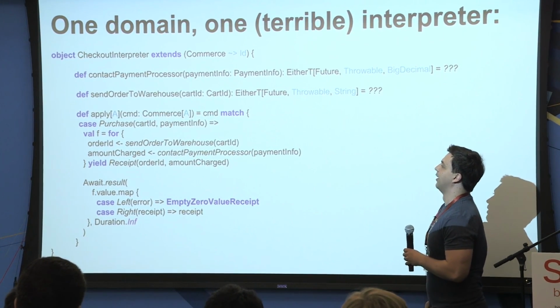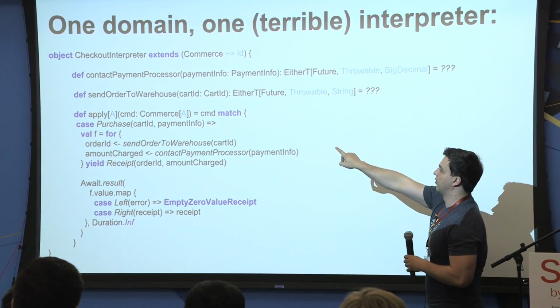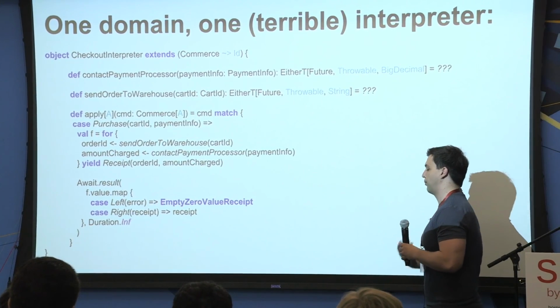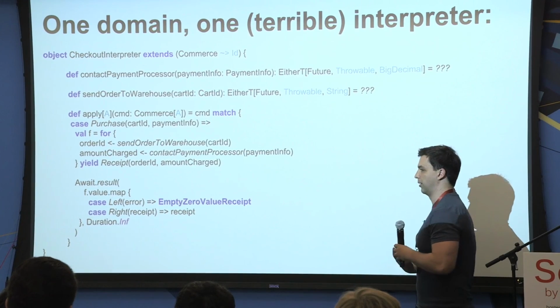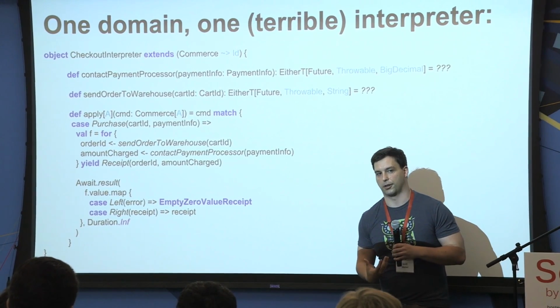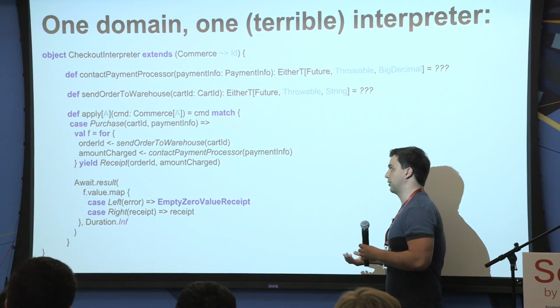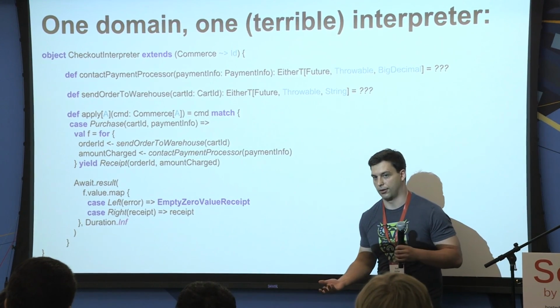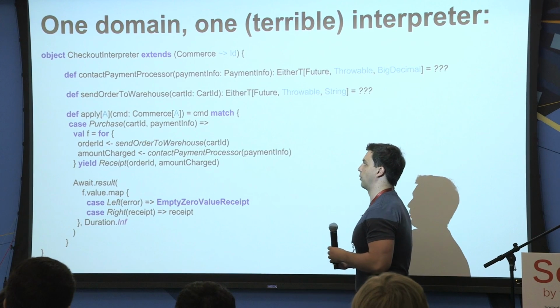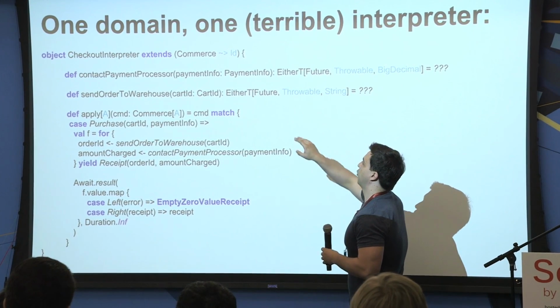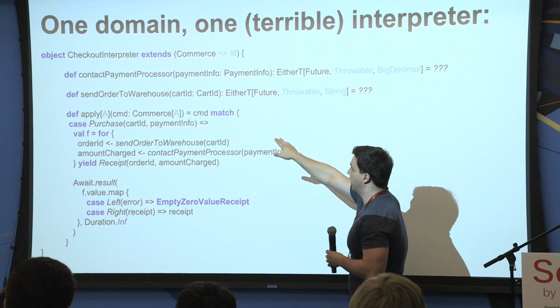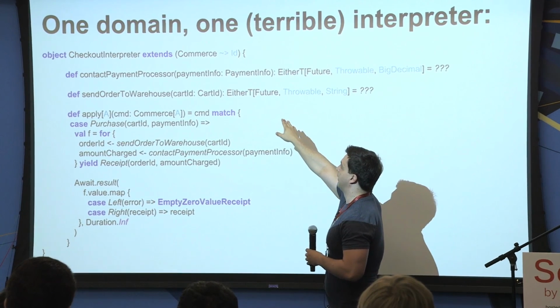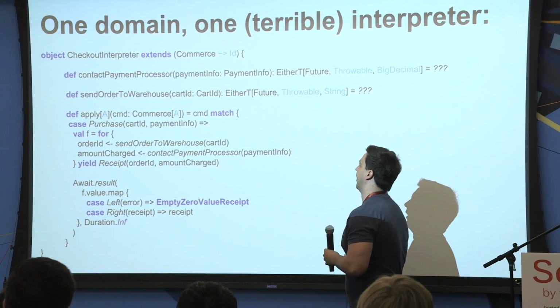And speaking of that, in the real world, instead of having an object checkout interpreter, you'd probably have something that would give you some kind of dependency injection. So you'd have a class CheckoutInterpreter, and maybe it takes a Stripe client that's a Java client under the hood or something like that, maybe some sort of thread pool. And you would probably go from commerce, which is your grammar, to something that's not ID.